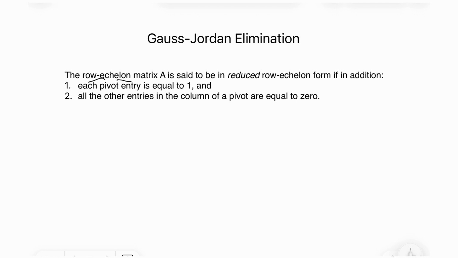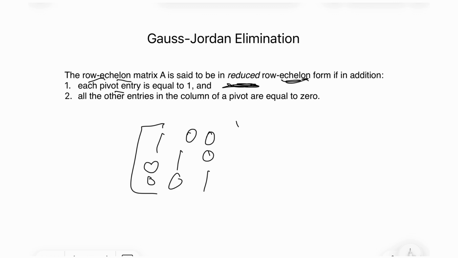A row-echelon matrix A is said to be in reduced row-echelon form if, in addition, each pivot entry is equal to 1 and everything else is a 0. Remember, the B values can be anything. These are our actual answers. This is x, this is y, this is z. This is our answer, right?